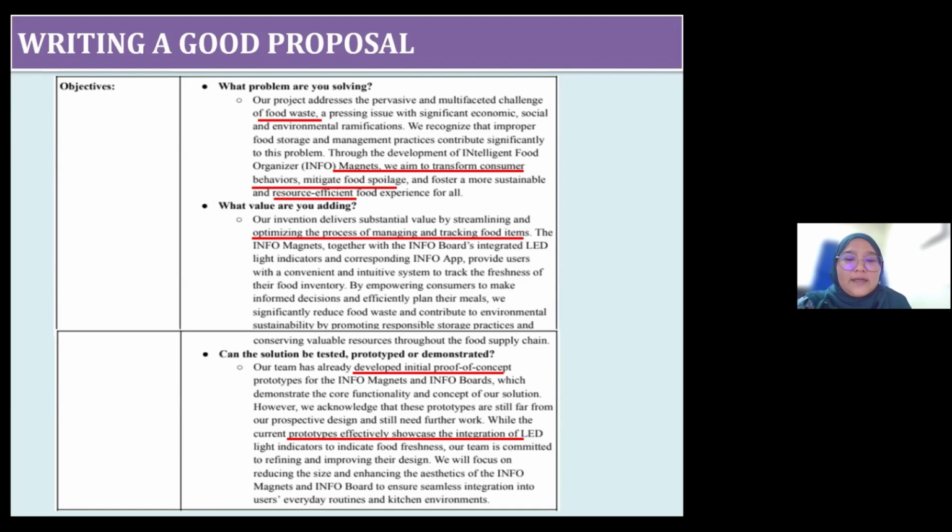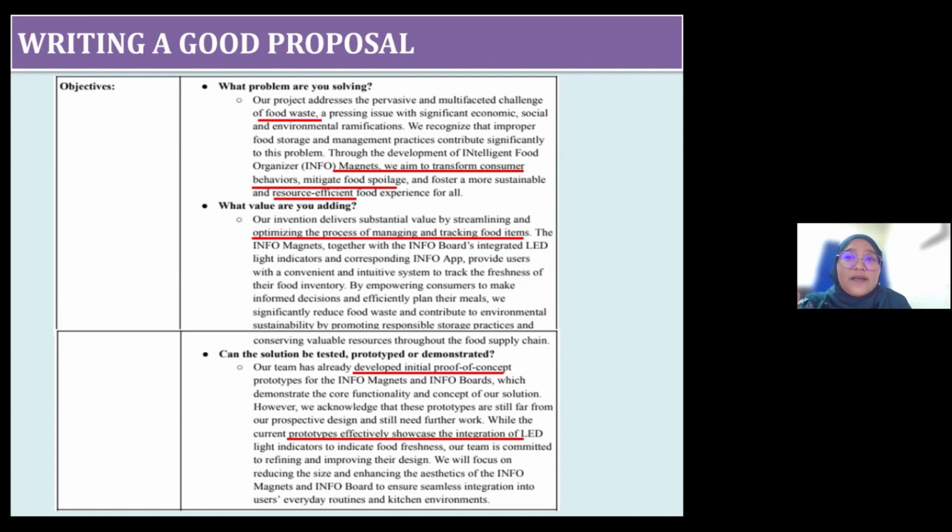And then the next one, also a question in the objective: can the solution be tested, prototyped, and demonstrated? Apparently, this team has already developed the initial proof of concept prototype.